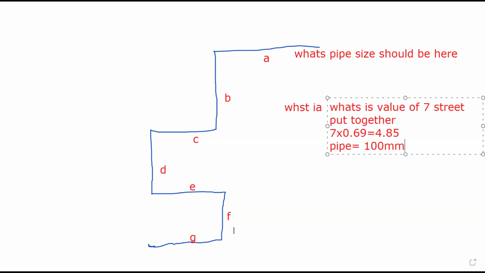Rubbish. That's not what it is. If you go further, the only pipes that might carry 50 mm might be these last two. Probably this one will carry 75, 75, 75, 100, 100. But if you got this 100, forget it, you're okay.